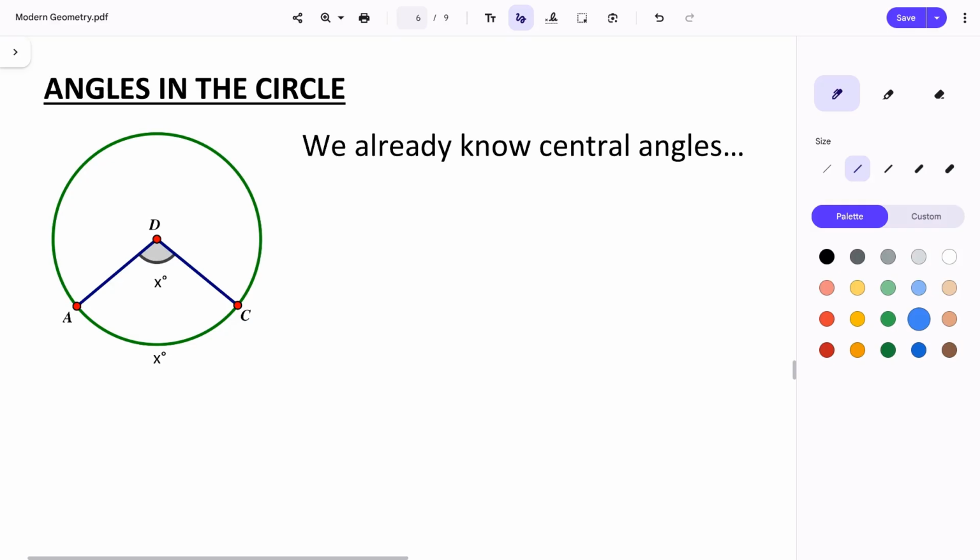What did we talk about last week about central angles and their arc? They're equal, right? So these two measurements on my circle here are going to be the same. We already know central angles are equal to that intercepted arc.